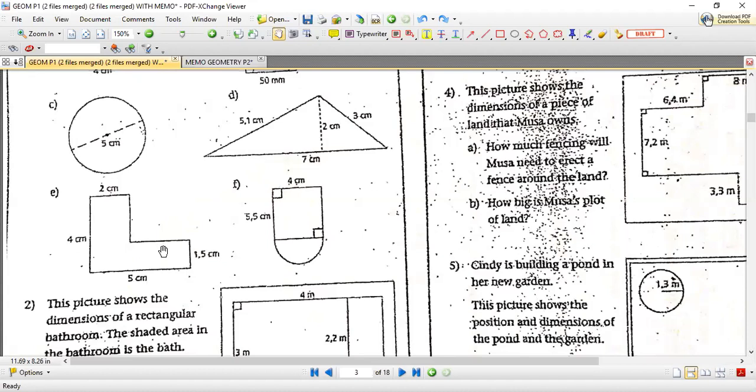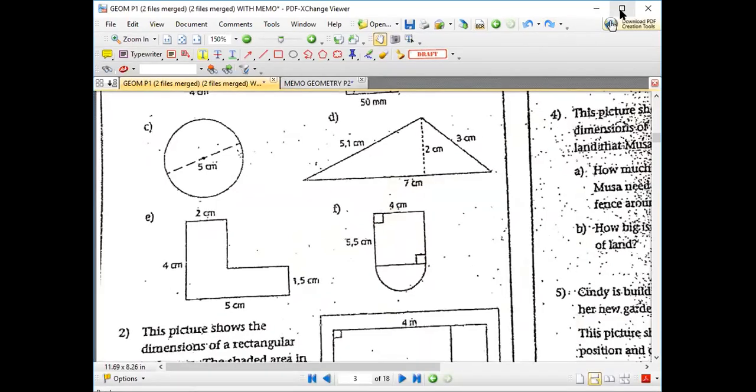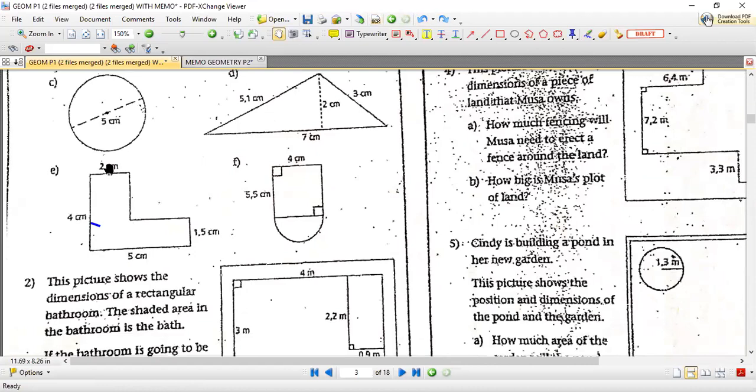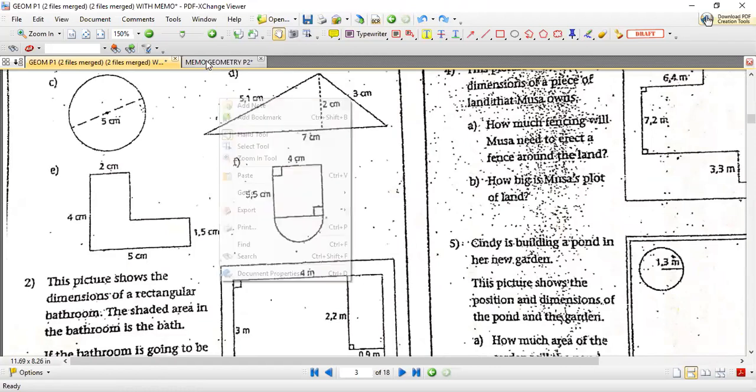But we can see that if we divide this figure into rectangles, then that would be a good way of determining the area. So what we are going to do here is we're going to look at how we divide figure 1E into two rectangles.